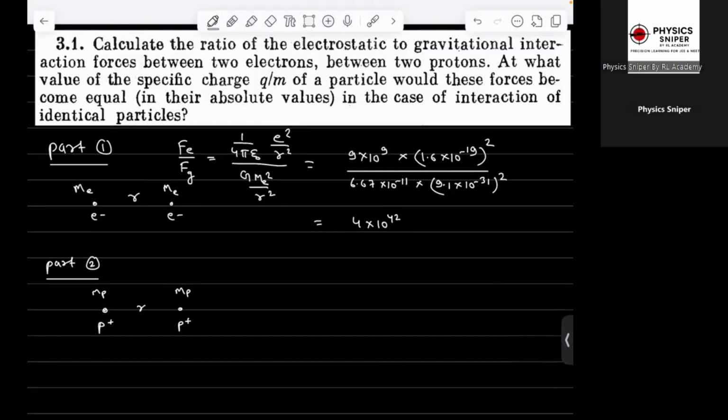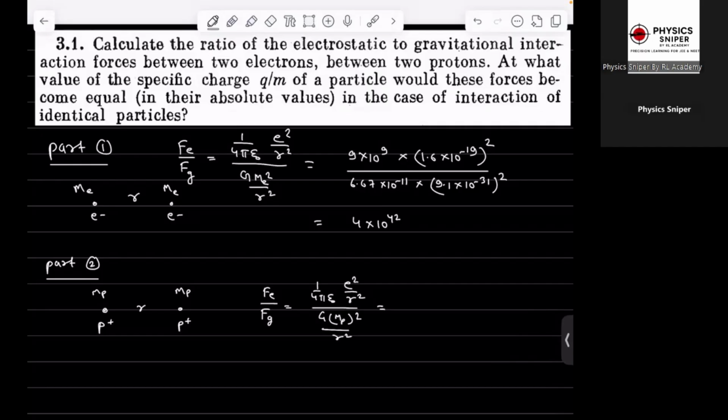The gap is same, and now the electrostatic force upon the gravitational force ratio will be 1/4 pi epsilon naught. The charge will be same, E square upon R square, but this time here we have mass of proton square upon R square.